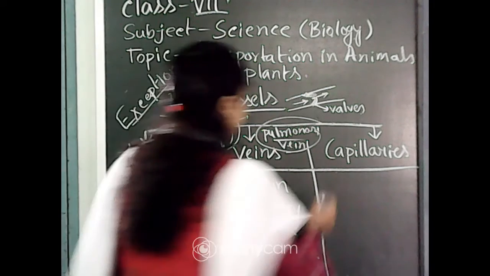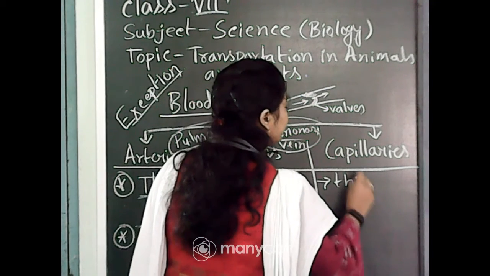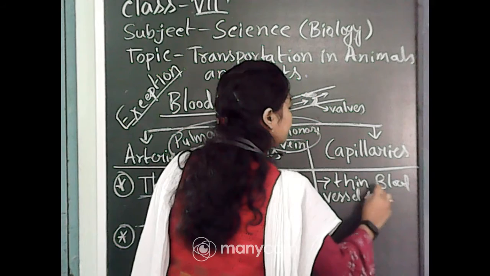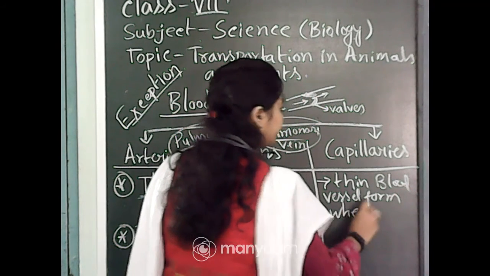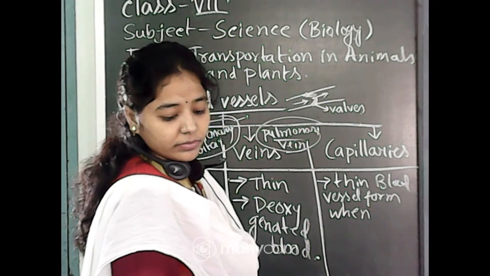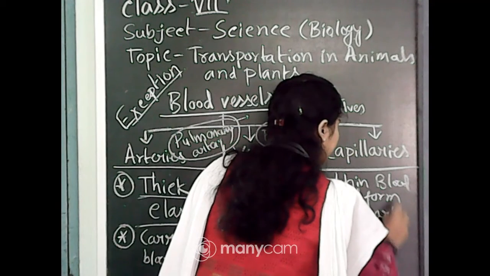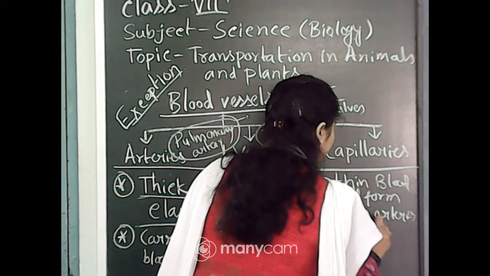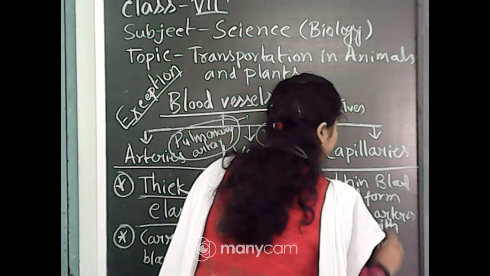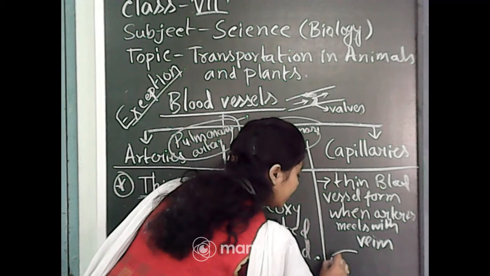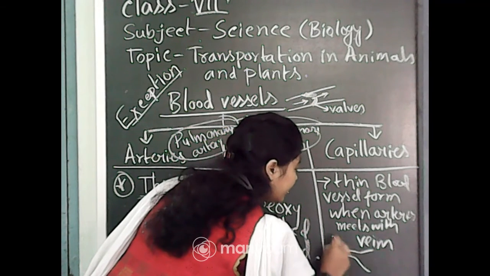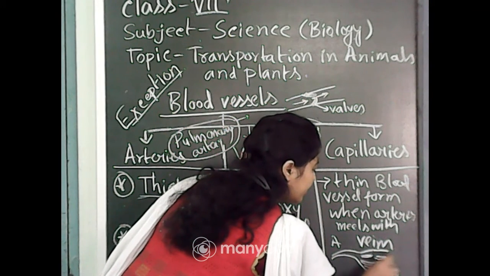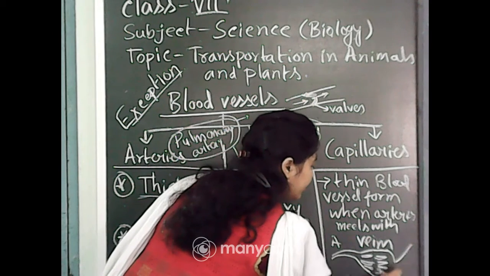Here we can see thin blood vessels form when arteries meet veins. Just consider that this is an artery, there are thin capillary-like structures, and on the other side capillaries are formed, then this is the vein.